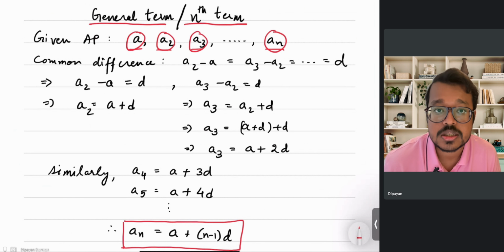And we know that if this is an AP, the common difference is obtained by subtracting the consecutive terms.